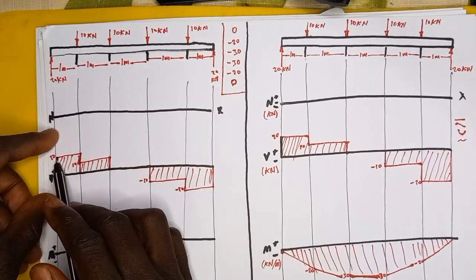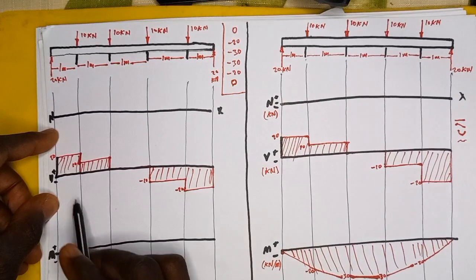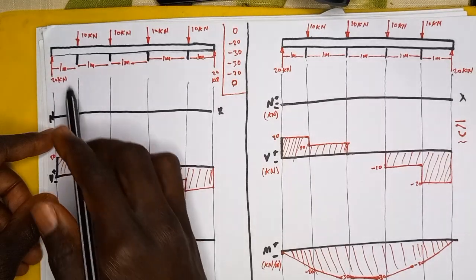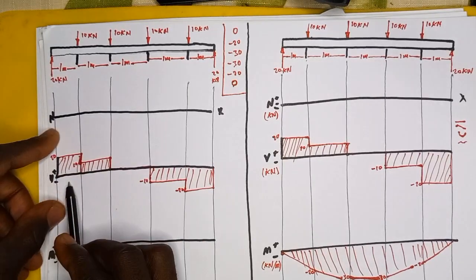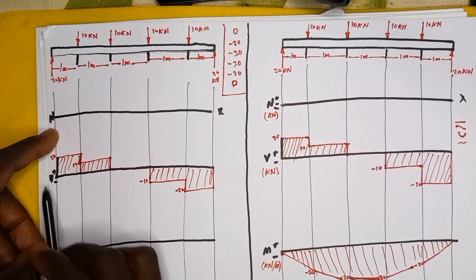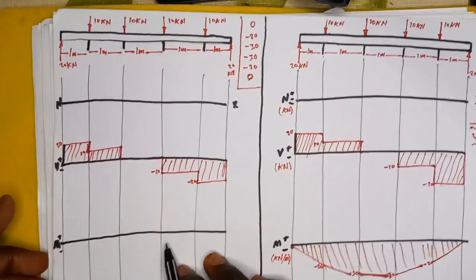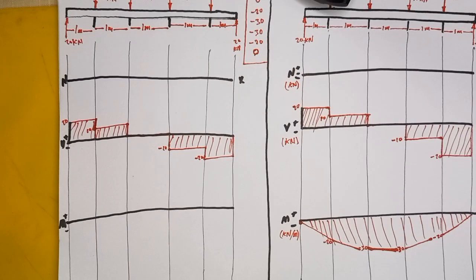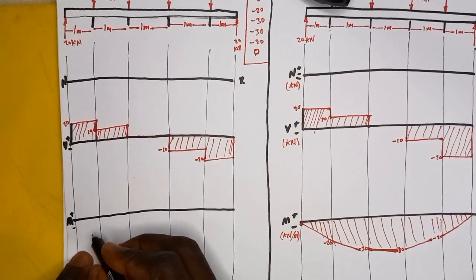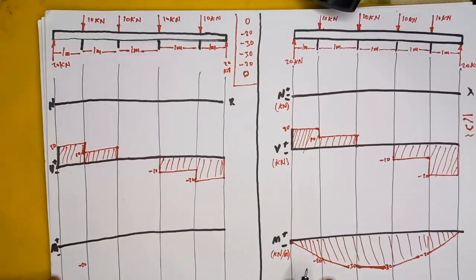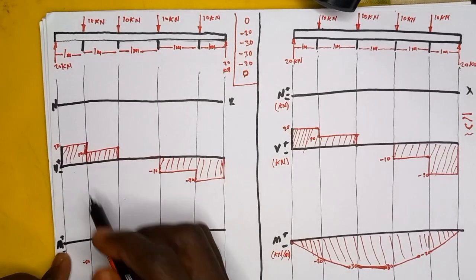For instance, this portion of the graph is 20 meters long. That is going to be multiplied by the base of that graph, and the base of this graph is 1 meter. So 20 times 1 is going to give us 20. Since it is positive, it's going to give us a negative graph. So in this case, we will have -20 here. Next, the height of this graph is 10.